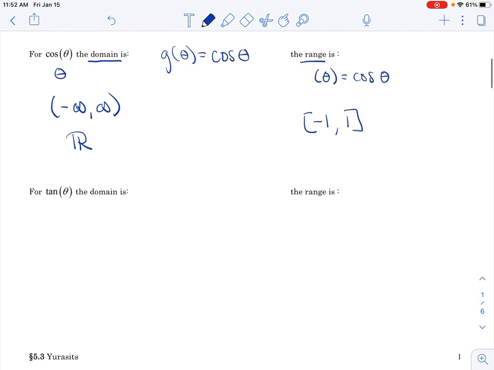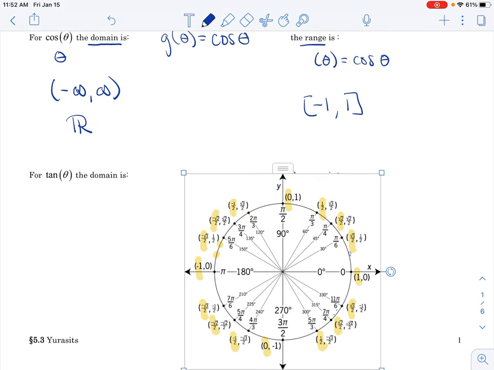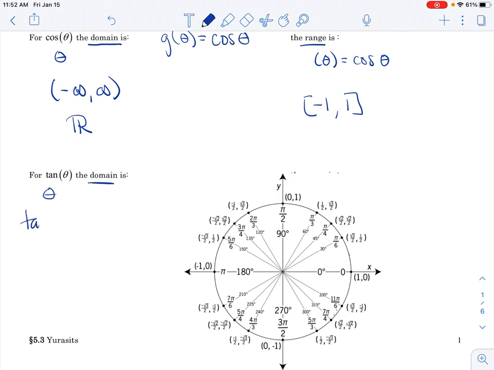Now tangent. I'm going to bring back this messy thing again. I'm going to erase everything. Now tangent, remember, your theta is your domain. And remember, tangent of theta from above, the definition is y over x.